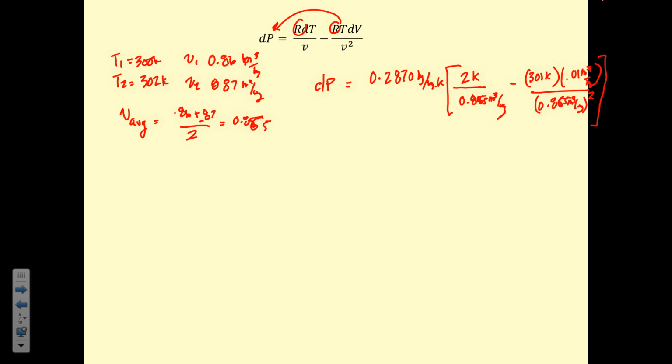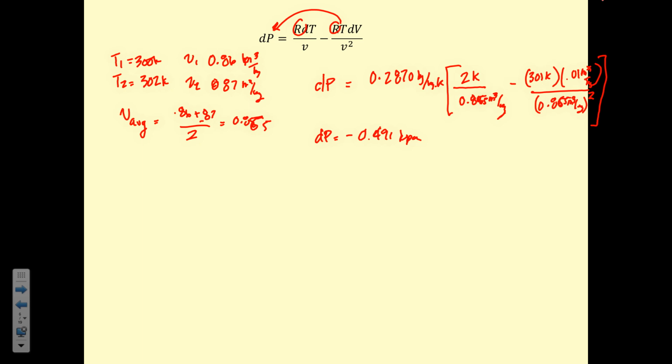Okay, so when we calculate that, we find dP is equal to negative 0.491 kilopascals. The eraser is so huge that I can't erase very well, but it's negative 0.491.